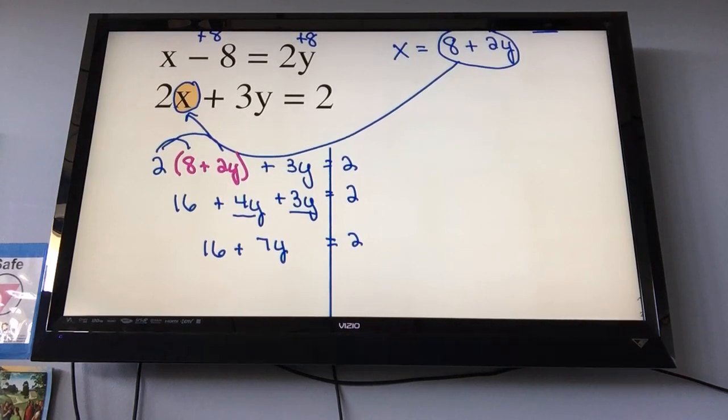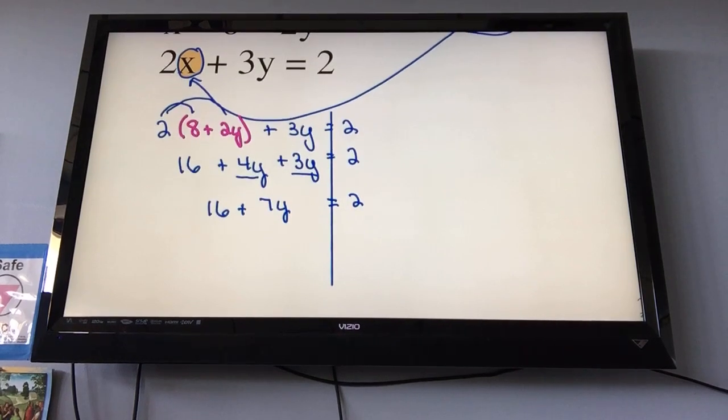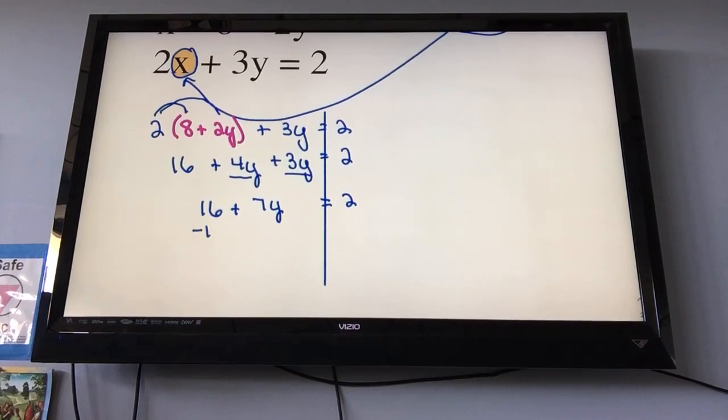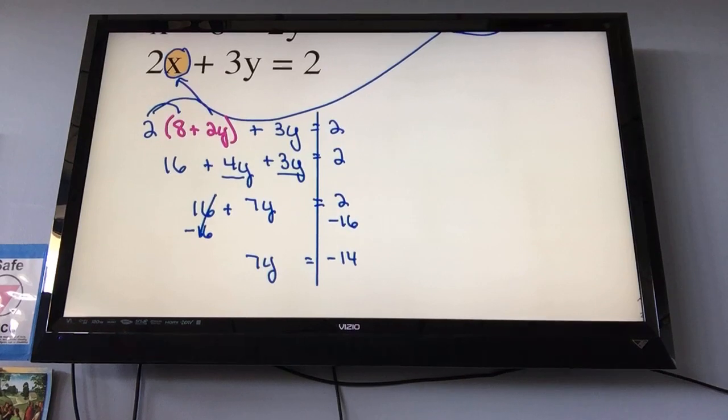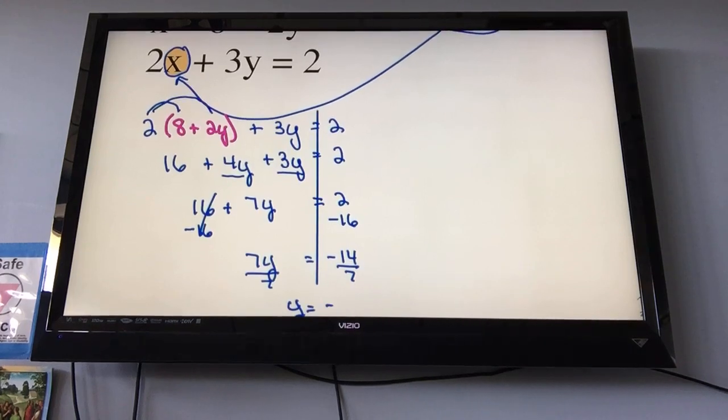So 16 plus 7y equals 2. Move the 16. It's a positive 16, which means I'm going to minus the 16. So 7y equals negative 14. And then lastly, divide by 7. And y is negative 2.